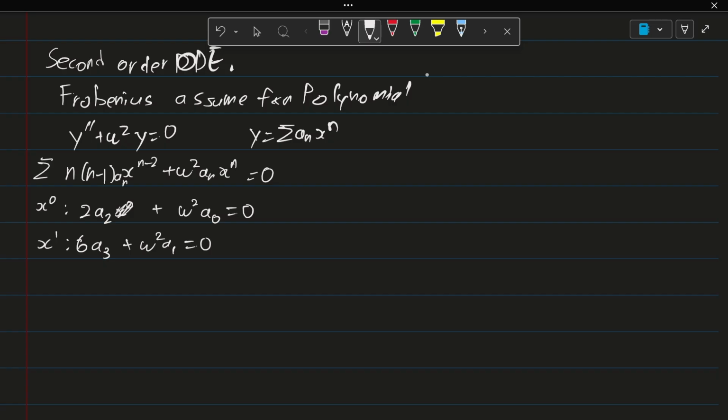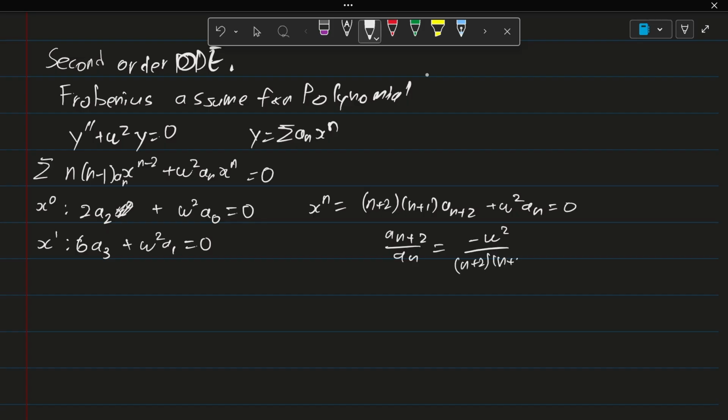Now, if I want to write this in general, I could just write, let's say, for x to the power of n would be (n+2)(n+1) a_(n+2) plus omega squared a_n equals to 0. Now, a_(n+2) over a_n would later become negative omega squared over (n+2)(n+1).